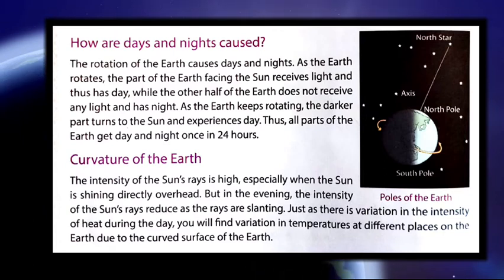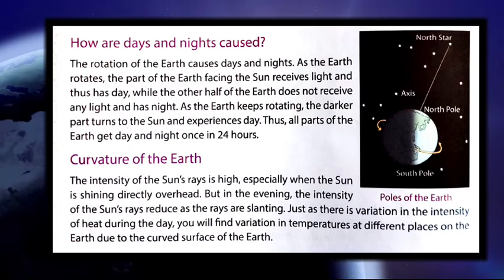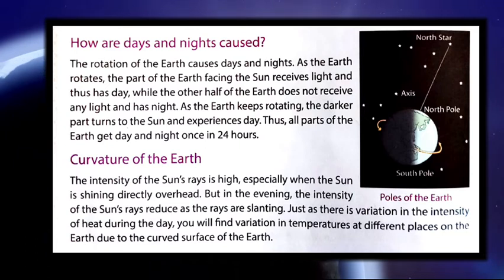As the earth rotates, the part of the earth facing the sun receives light and thus has day, while the other half of the earth does not receive any light and has night. As the earth keeps rotating, the darker part turns to the sun and experiences day. Thus, all parts of the earth get day and night once in 24 hours.